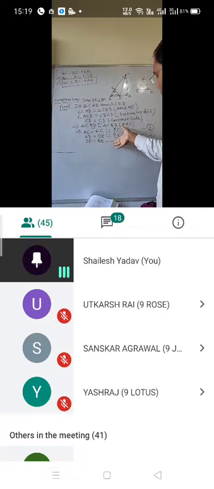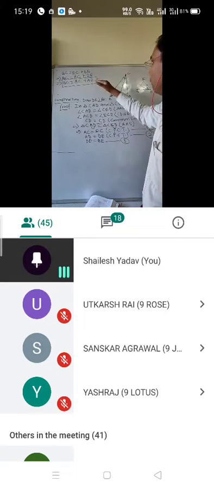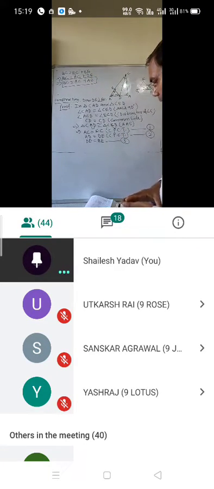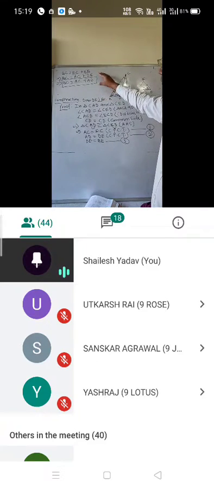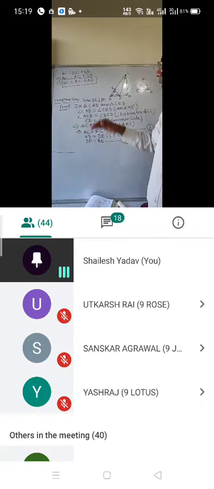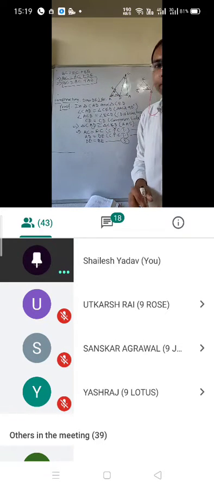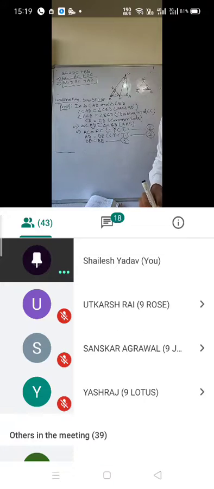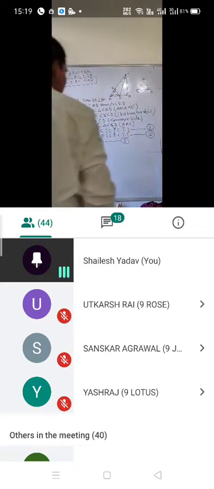After that you make these three equations, and these three equations are used in the proof of what was to be proved in the question. Again, if anyone has a doubt, they can ask me.